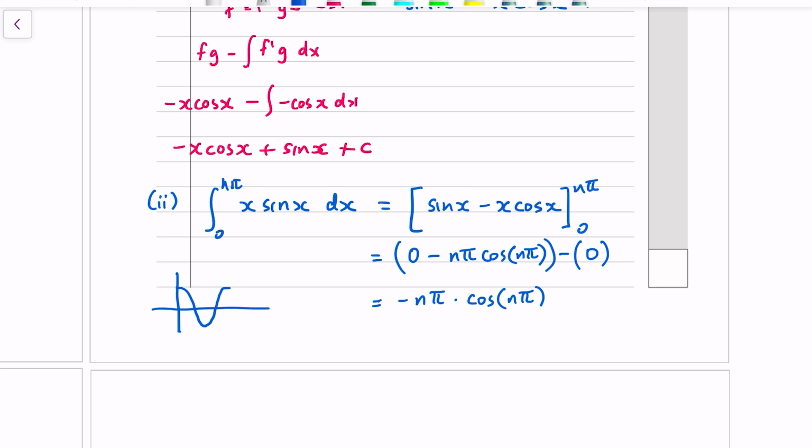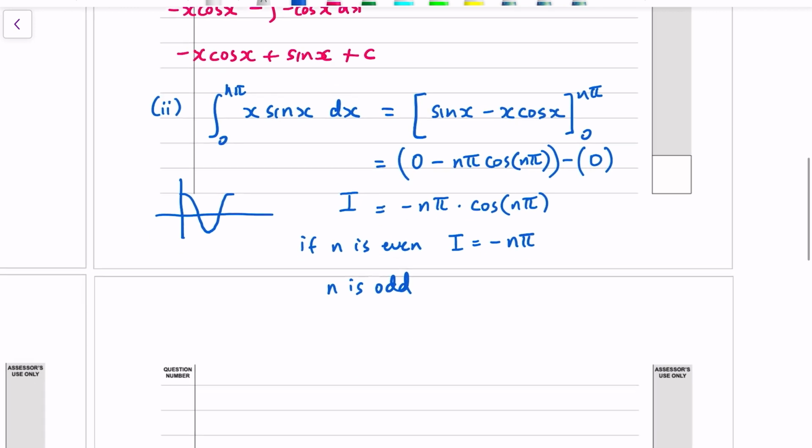So if n is even, cosine of n pi is 1, so the integral, let's call this I, equals negative n pi. If n is odd, it's the opposite, because cosine of pi or cosine of 3 pi, etc. is equal to negative 1, so I will equal n pi.